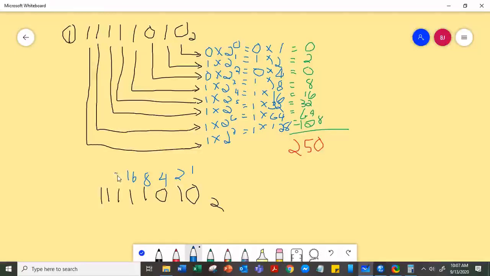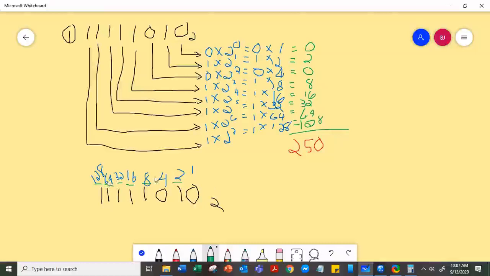16, 32, 64, and 128. Now what I'm going to do is actually add all the numbers that have 1s at the bottom.